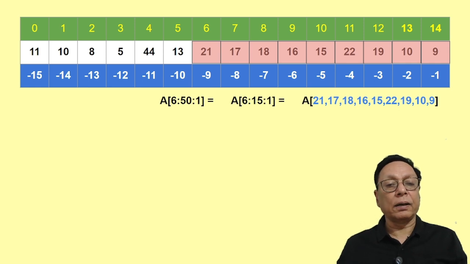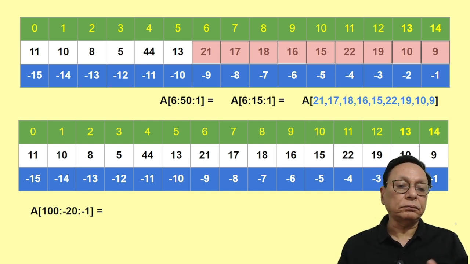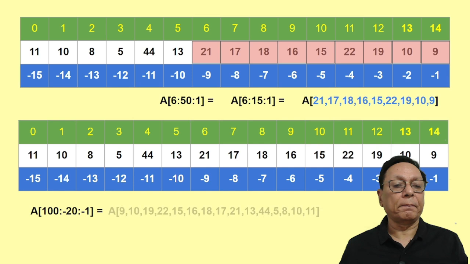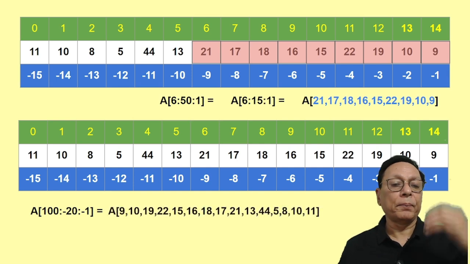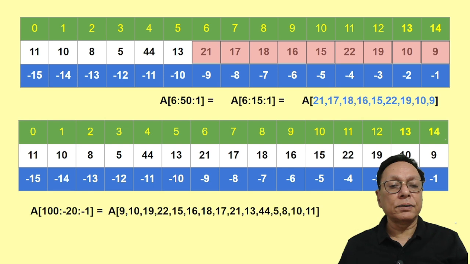And the next example, again 100 to minus 20, and it is in backward direction, right to left, since 100 is not there. 100 is not there, so we'll move from 9, 10, 19 right to left.